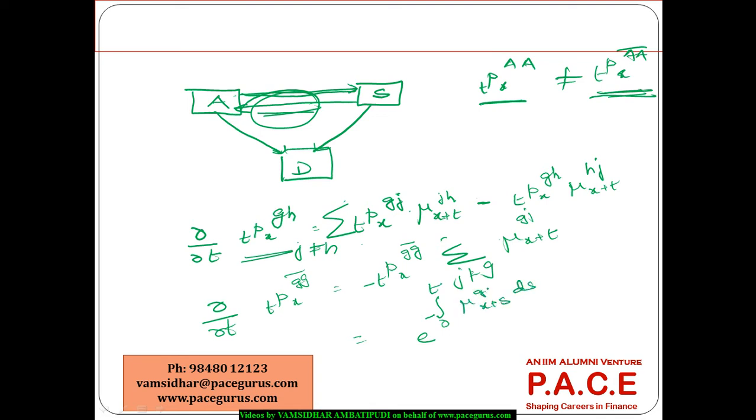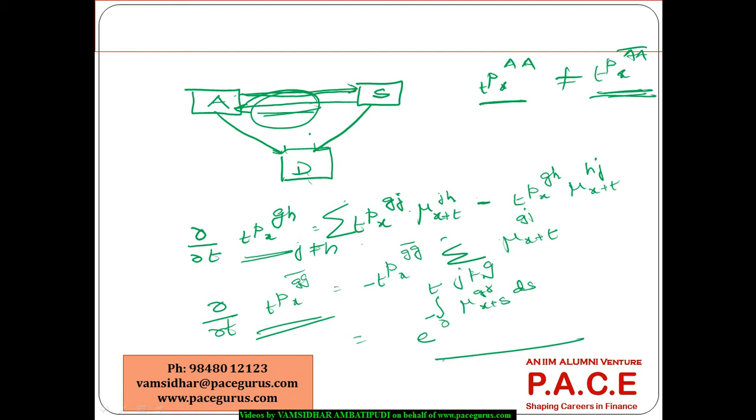This is from G to J. So this would have given us a direct solution for TPX GG bar. And if we have a model like this, we can talk about computations of the present values of the death benefit for a person who is alive, or a sickness benefit for a person who is alive now. All kinds we can very well compute.